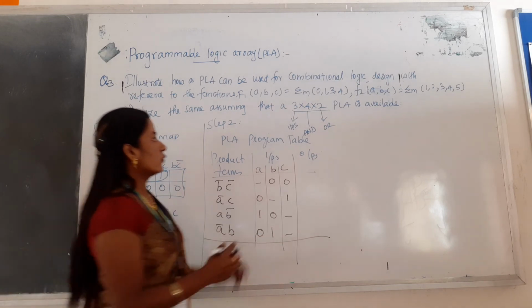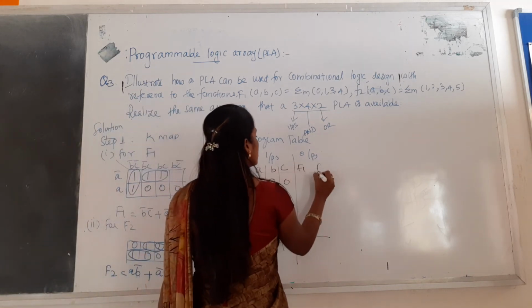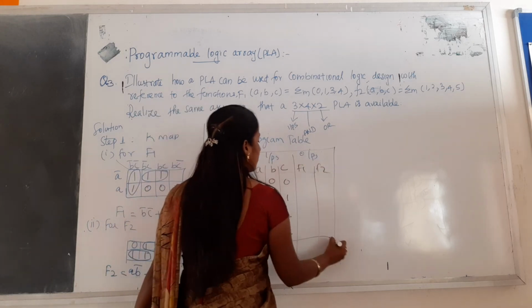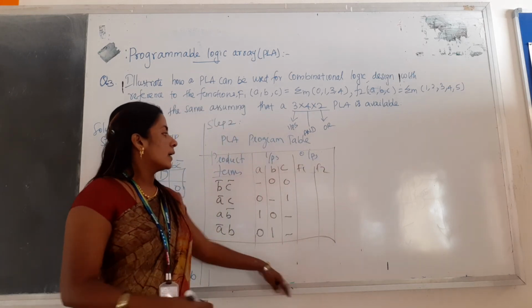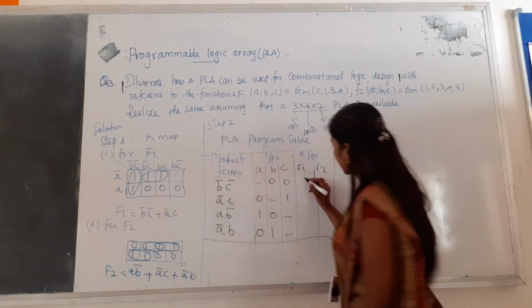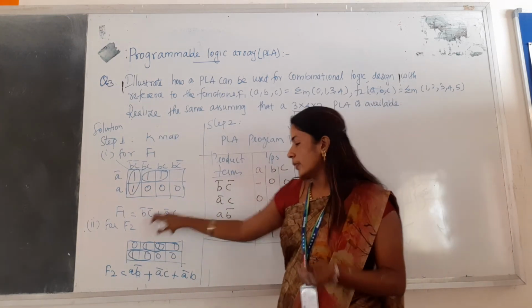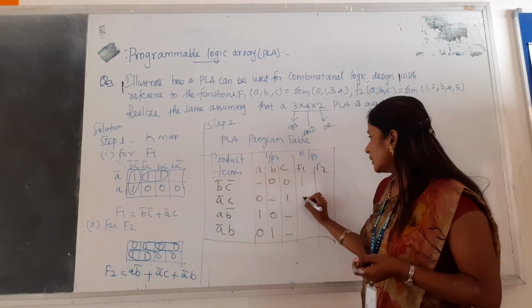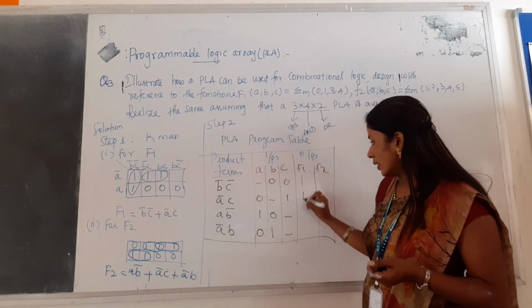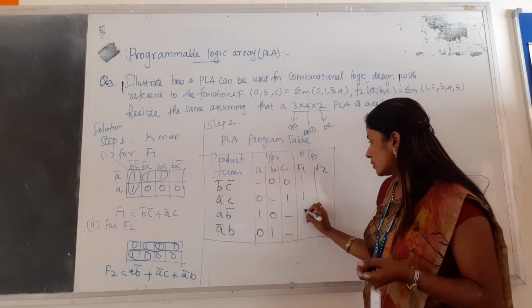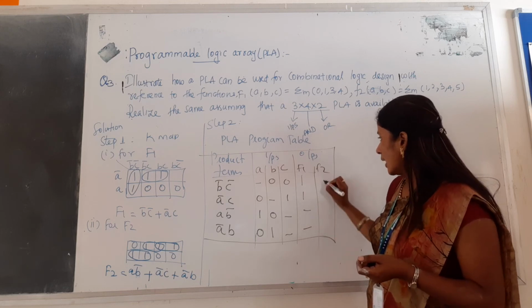Then the outputs F1 and F2. In F1, B bar C bar is there, so 1. A bar C is also there, 1. A bar B is not there, so dash. This is also dash.